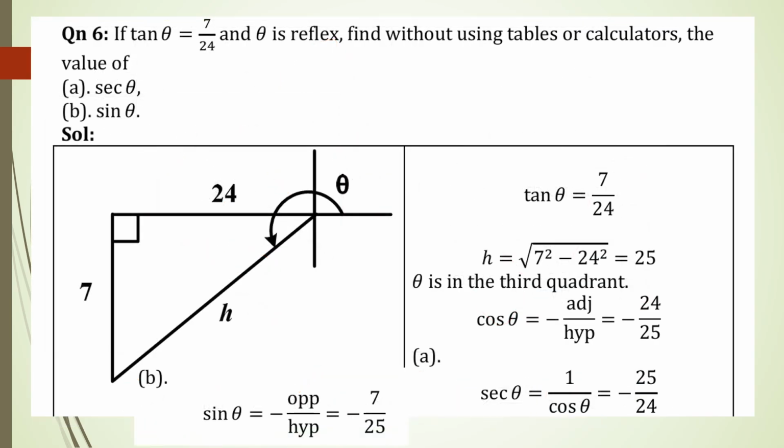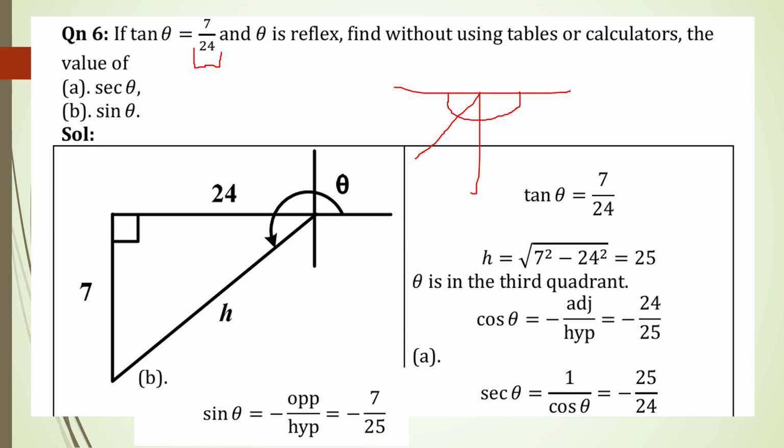So looking at item 6, you're being given tan theta, and you're also being told it's reflex. So reflex means angles that are lying beyond our obtuse range. So tan theta has been given, and the ratio that has been given is positive. That means that your sketch must be in a region where tan is positive, and that is the third quadrant.